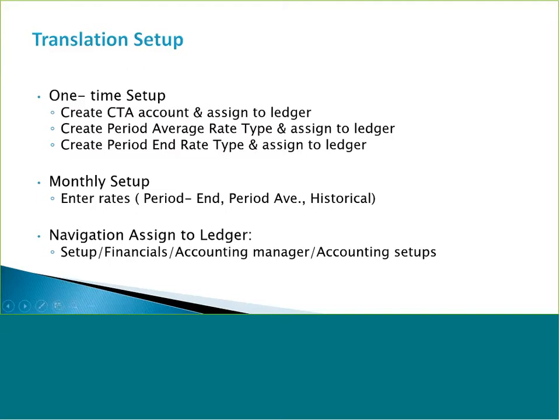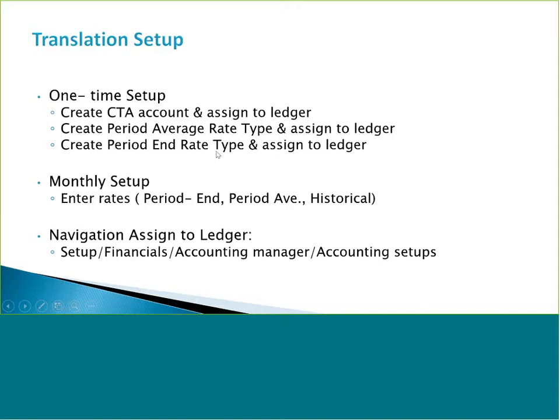So in our case, for the period end rate, we are going to use the Mascani corporate rate type that we already created earlier, and then we are going to draw the period end rate from that rate type.